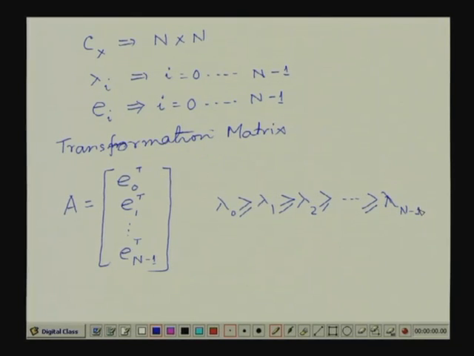Now, from this transformation matrix, we can make a truncated transformation matrix, where instead of using all the eigenvectors of the covariance matrix Cx, we consider only the first k eigenvectors, which correspond to the k largest eigenvalues.